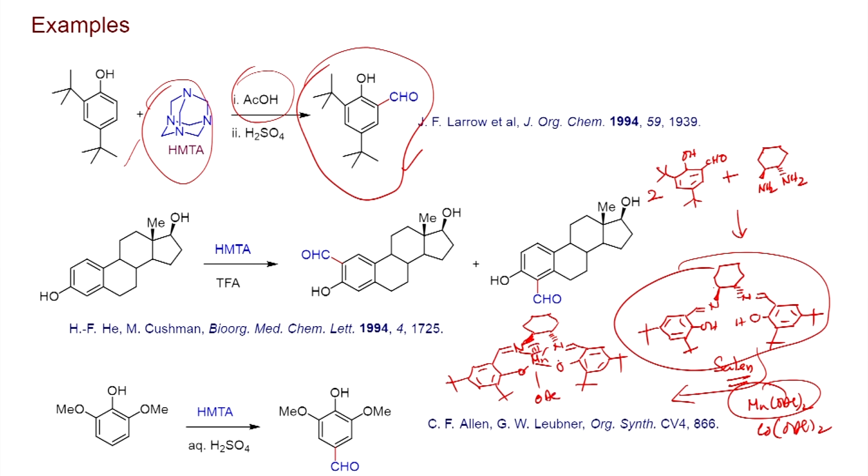You will form the manganese(III) salen complex, which was first reported by Jacobsen for the asymmetric epoxidation. For example, if you have styrene and the presence of an oxidizing agent like iodosobenzene or sodium hypochlorite, you can oxidize.